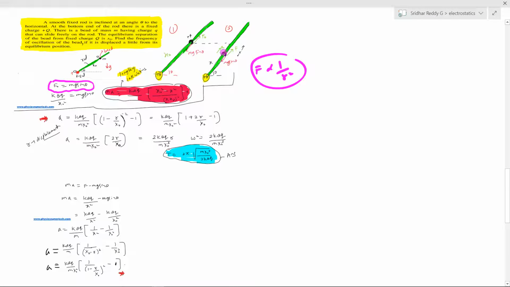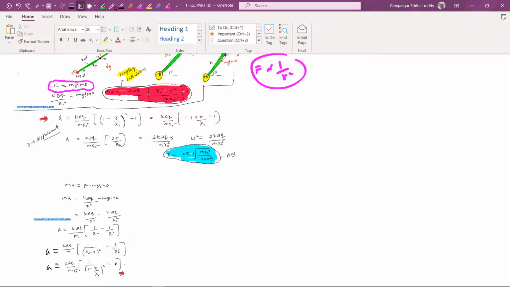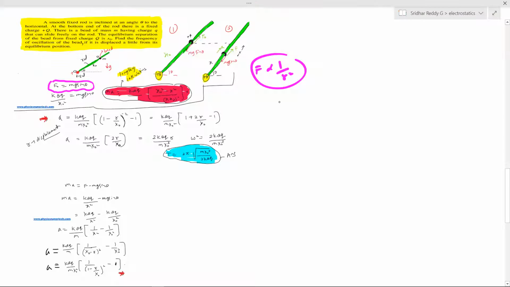What is x from here? X should be equal to x naught minus r. So therefore, I'm going to substitute here now: 1 by x square minus 1 by x naught square. So what is x equal to?